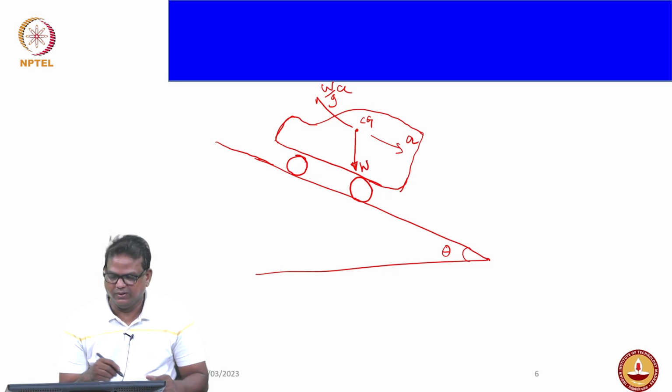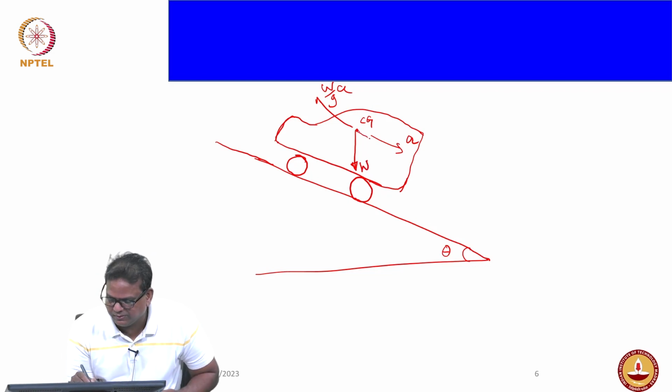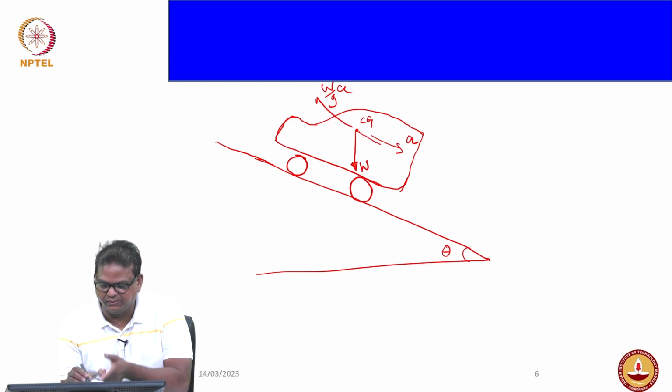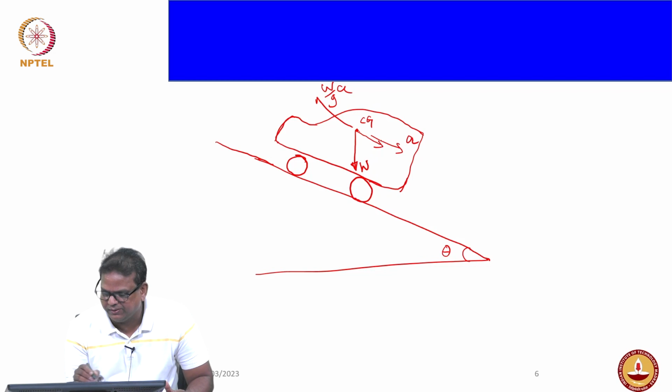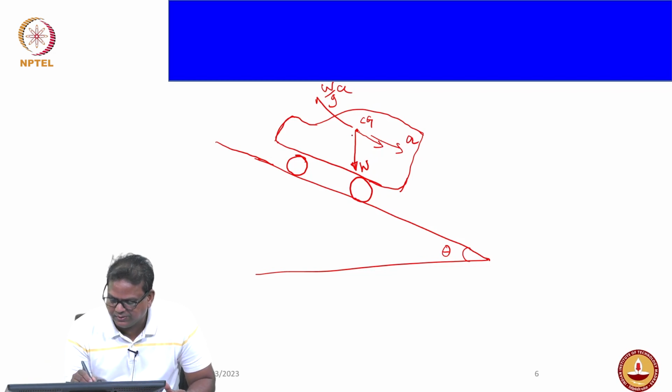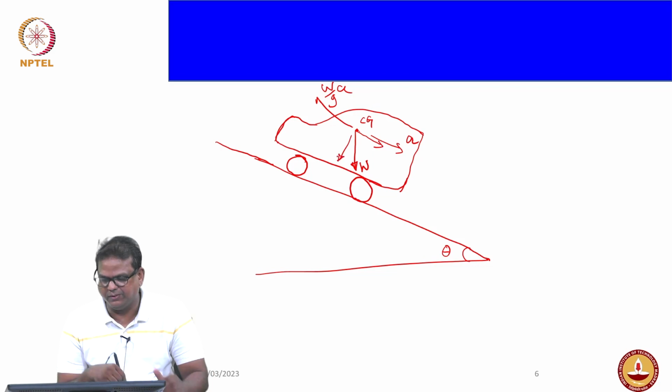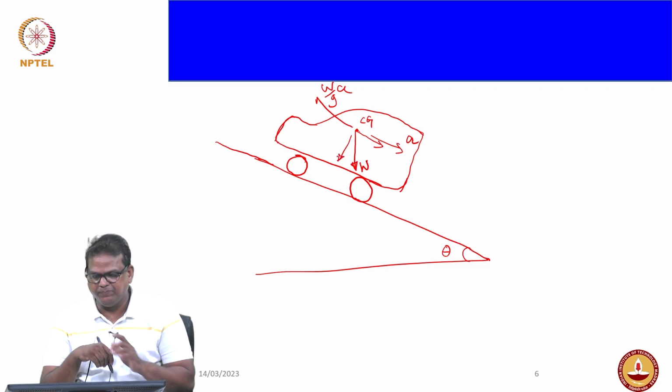That's the vehicle weight. When you split the weight, you will have two components, one component in the horizontal direction, the other component in the vertical direction.